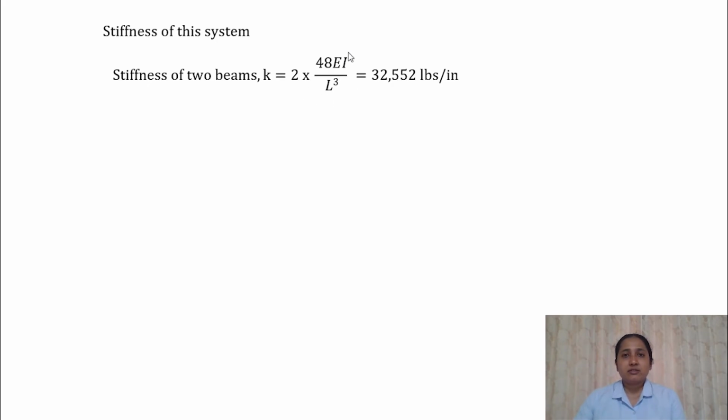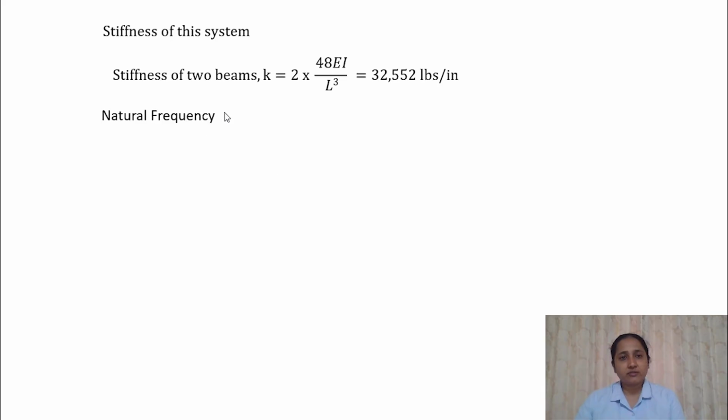So 48 EI by L cube is the lateral stiffness of a simply supported beam at midspan. We have two beams, so the equivalent stiffness of the system is 2 times that. You can calculate this because we have all the values.